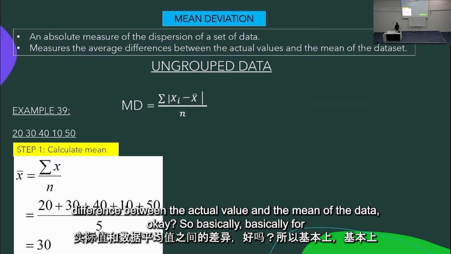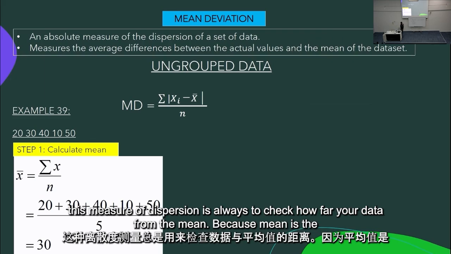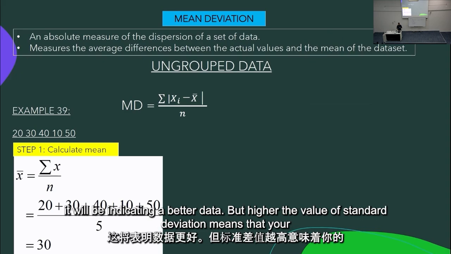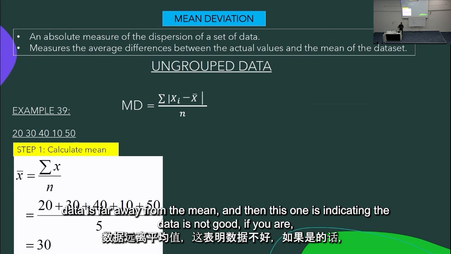Basically, a measure of dispersion is always to check how far your data is from the mean, because the mean is the center. The smaller the value of standard deviation, the better the data. A higher value means your data is far away from the mean, indicating the data is not good.